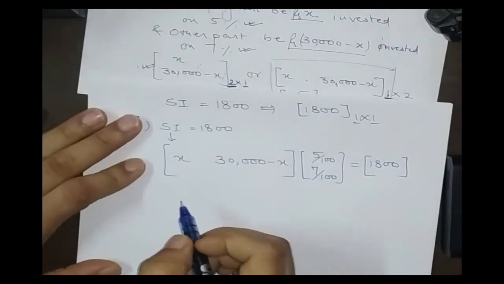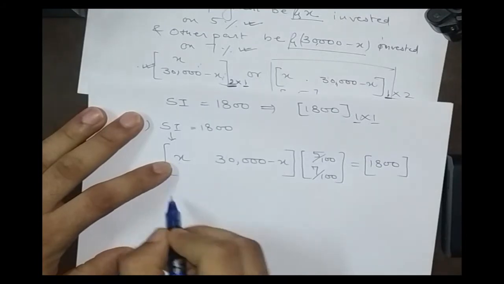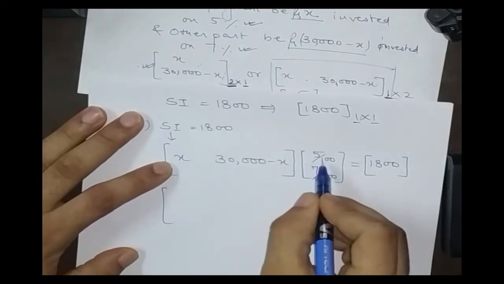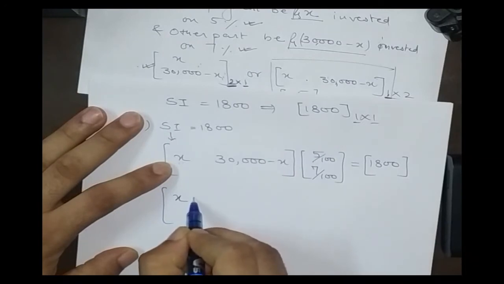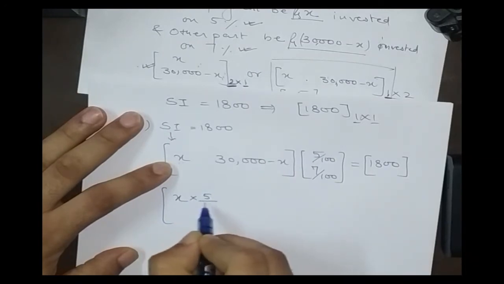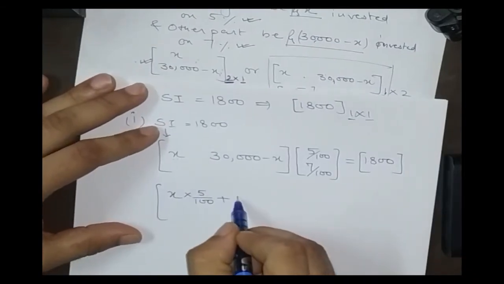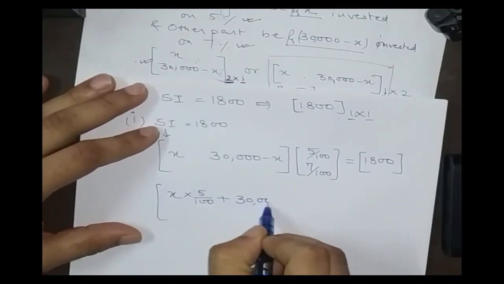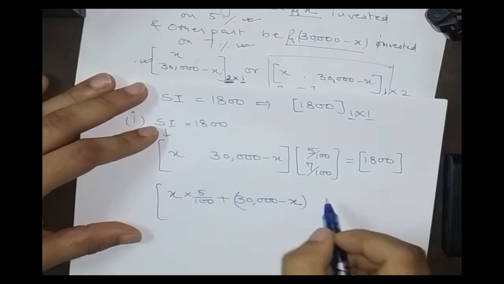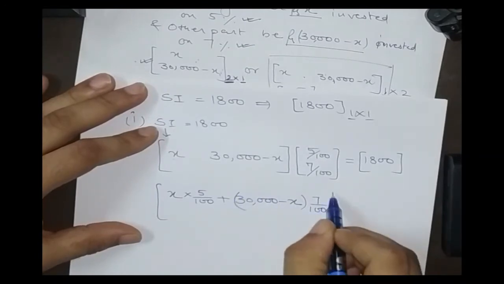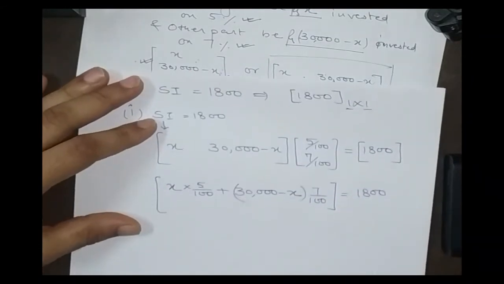So when we multiply it, X into 5 by 100 plus 30,000 minus X into 7 by 100 is equal to 1800.